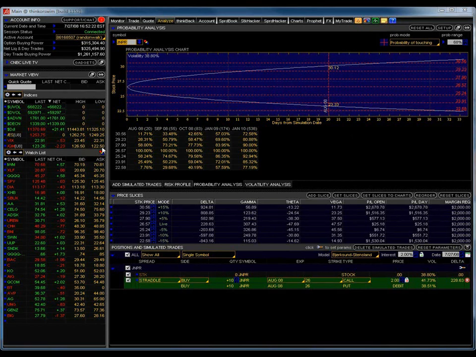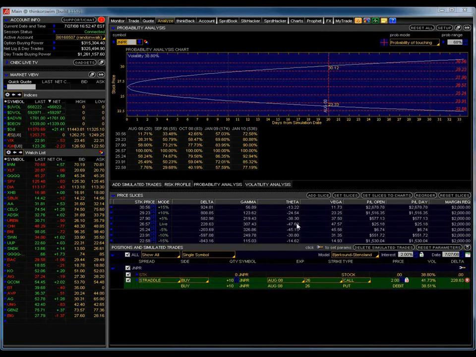We can also determine from this analysis chart what effect volatility is going to have, whether increasing or decreasing, on our position, on our straddle position. Because remember that we're fighting against theta. The one thing that we really want to have is a very large range in which the stock price can move in order to profit from the fluctuations.